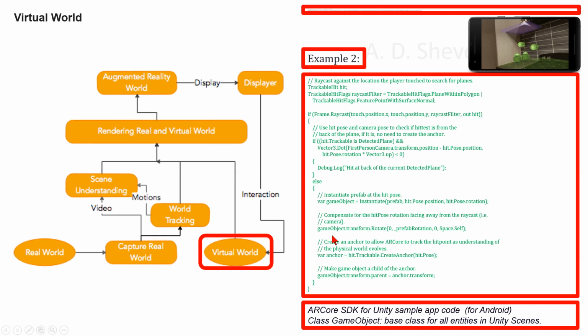So the pawn is in the consistent orientation relative to the camera. When you no longer need an anchor, call Unity's game object destroy method on it. This signals ARCore to stop tracking the anchor.